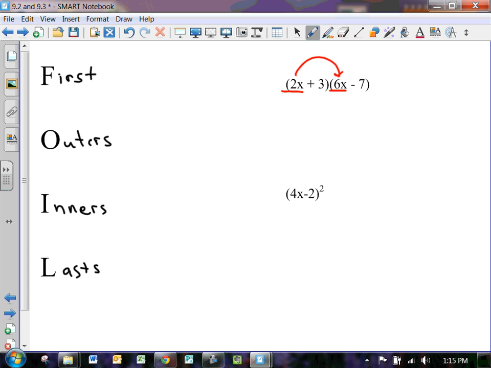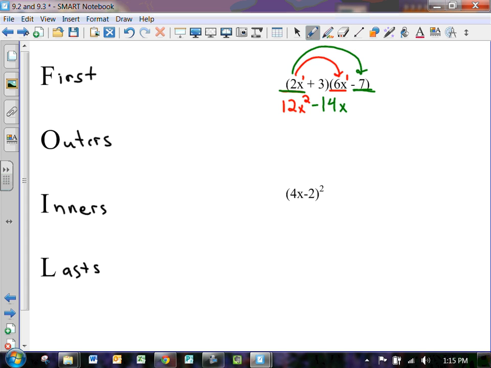So 2x times 6x gives us 12x squared. We've got the imaginary 1 there and the imaginary 1 there, and we're adding those together. So that's our first. Our outers means the outside ones, so the 2x and the outside one over here: 2x times negative 7, which is a negative 14x.